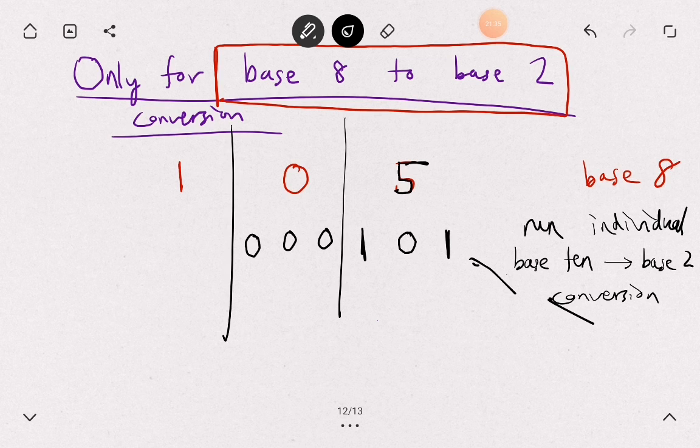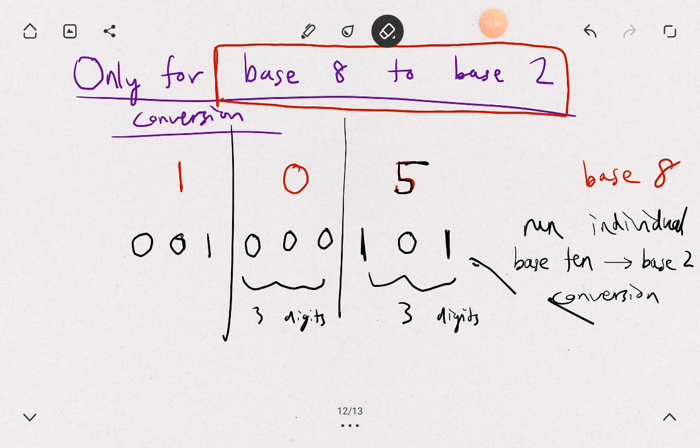You must write 3 digits. So these are all 3 digits. And how about 1? 1 is just 1, so this will be 001. But if it's 001 on the left, you can take out the 0s. But on the right you cannot take out 0.